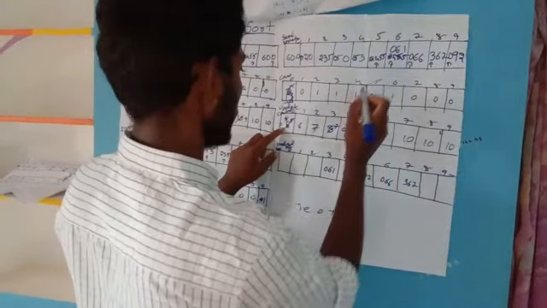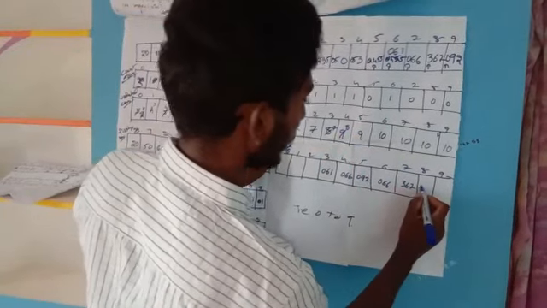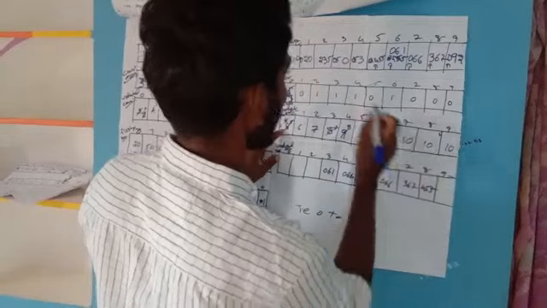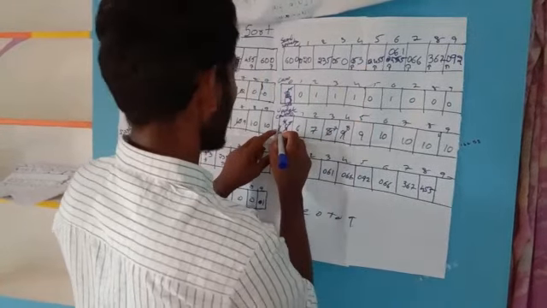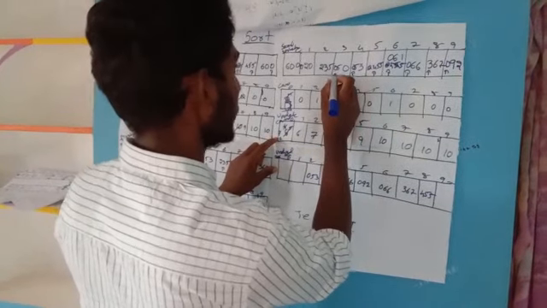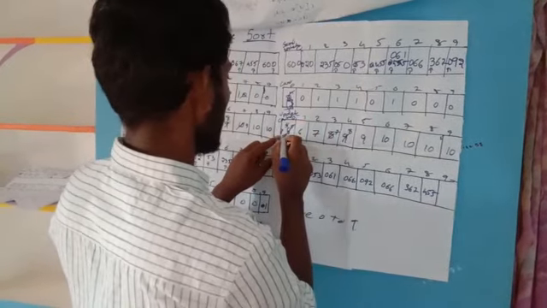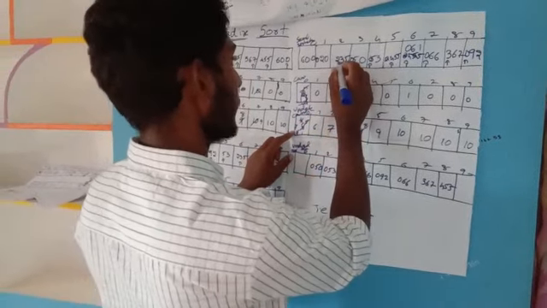Here 4. At 8th place, we have to write 455. Here 0. At 2nd place, we have to write 53. Here 0. At 1st place, we have to write 50. Here 2.